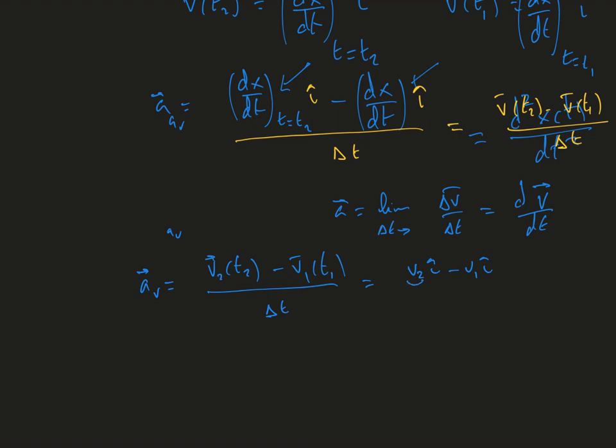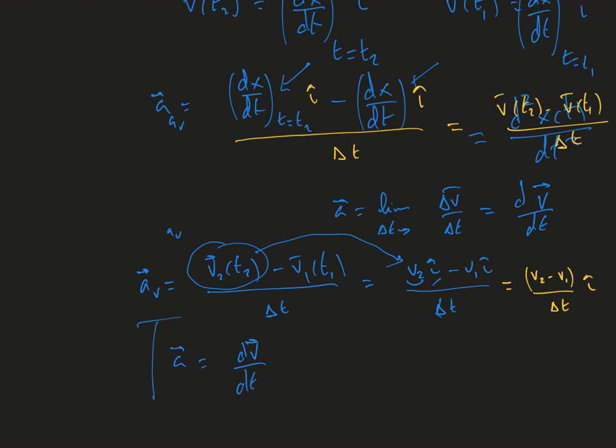The vector v2 will have a magnitude v2 and a direction I. v2 can be minus 3, meaning that it's going in the negative direction, divided by delta t. So if I make delta t go to 0, the acceleration will be the change in the vector velocity per unit of time. Okay, this is what we have seen in one dimension.